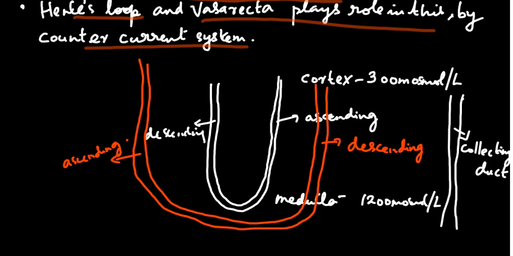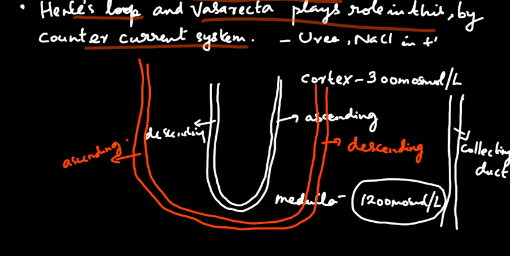The osmolarity of the medulla area has increased, and that's the reason how water comes out of these tubules. This osmolarity is increasing due to the presence of urea and sodium chloride in the medulla. How this takes place is, when the filtrate passes through the descending limb of Henle's loop, the permeability of the descending limb is towards water.